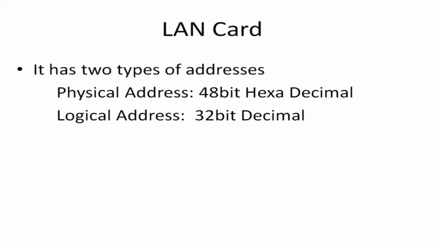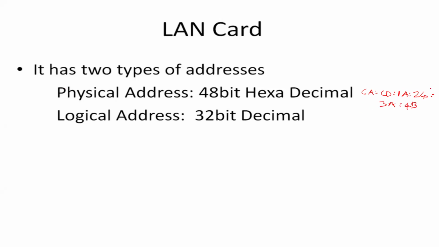LAN card has two types of address. Every LAN card has a unique MAC address. It's a 48-bit hexadecimal. For example, a MAC address can be like this: 6A, CD, 1A, 24, 3A, 4B.